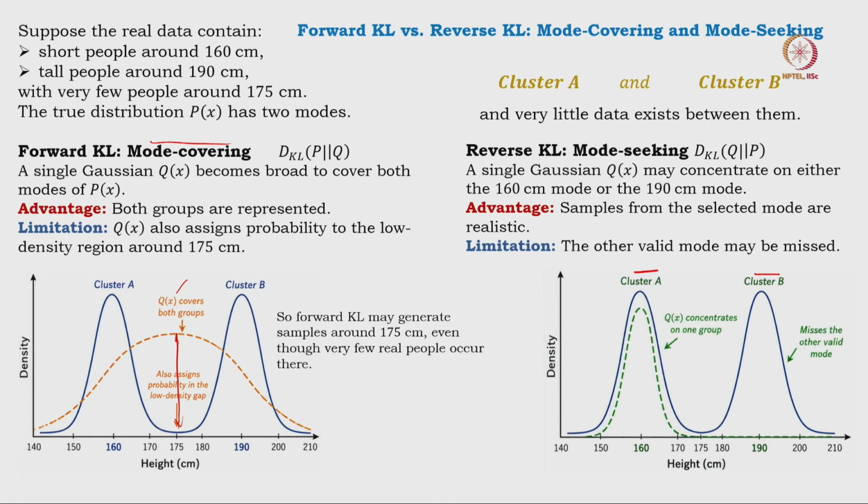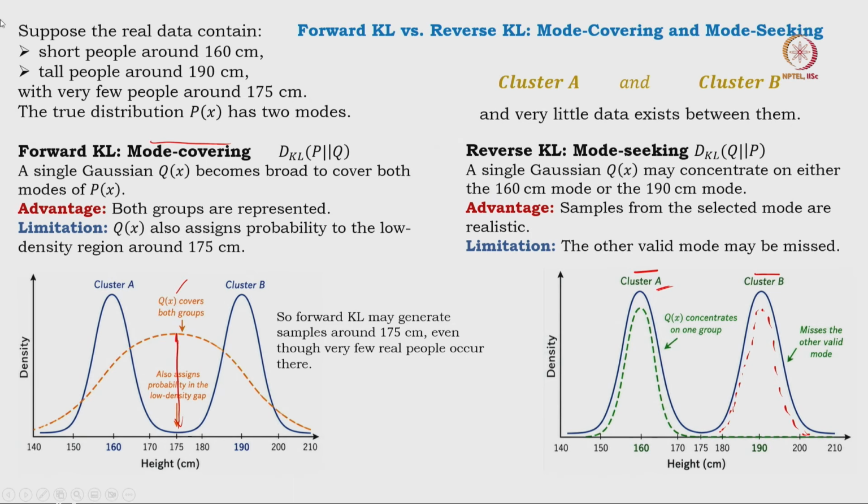What is the reverse KL? The learned distribution will mainly focus on only one mode. So if it is focusing on cluster A, then whatever data it is going to generate belongs to cluster A. Suppose the model is covering cluster B, then it is going to generate only those samples which belong to cluster B, which means samples whose parameters belong to tall people.